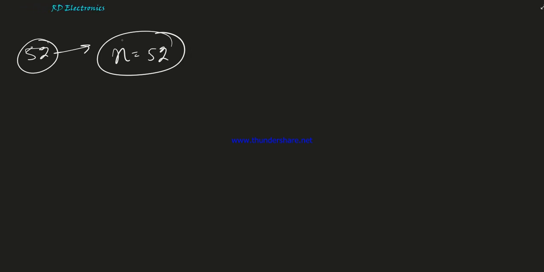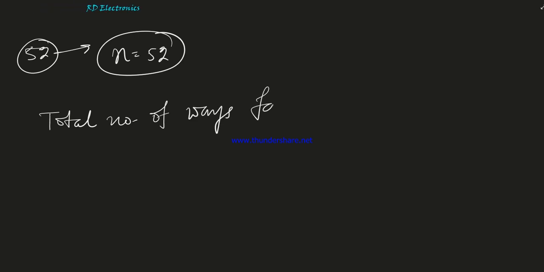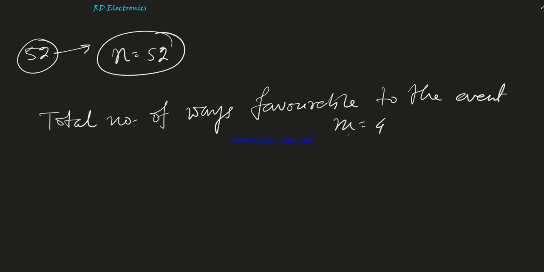So the total number of ways favorable to the event, the event being to choose a king, is 4, because there are 4 kings.